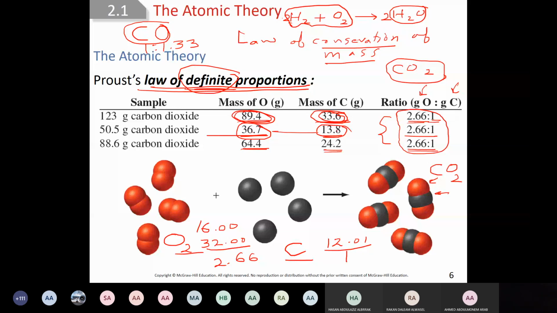Divide this one by this one, and you'll get the same answer. In a third compound, the same. The ratio is always 2.66 to 1 in CO2. But if you change the compound, if you make it CO, then it will be 1 to 1.33. This is called the law of definite proportion. I hope this is clear.